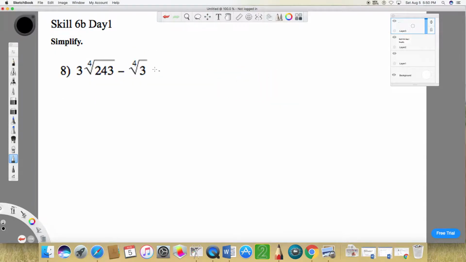We have 2 terms, and right now the terms are unlike. They're both fourth roots, but we have here this fourth root of 3, but over here we don't have a 3, we've got 243. So we're going to try and break that down. So the 3 is going to come along for the ride, and let's come over here and take 243 and break it down.